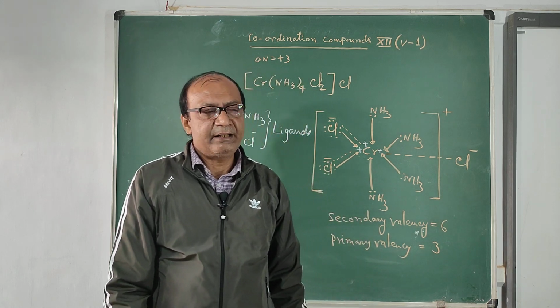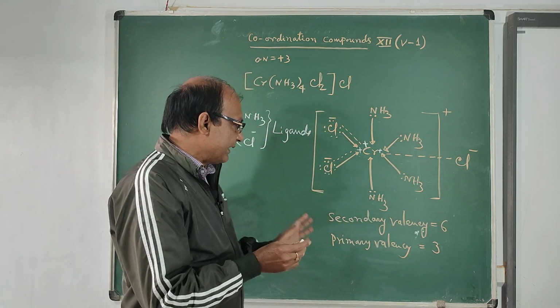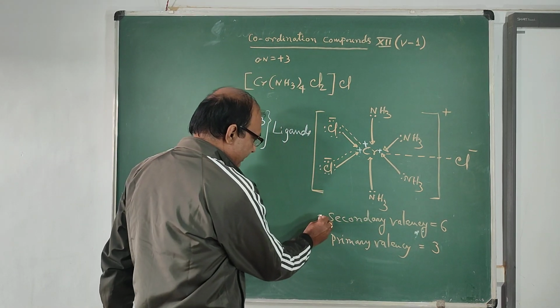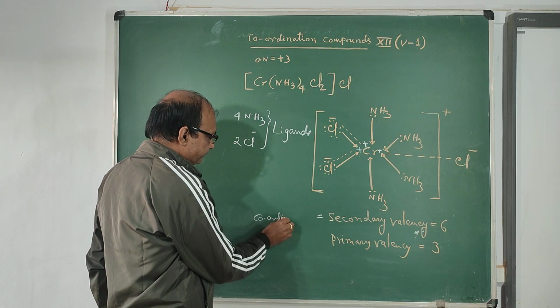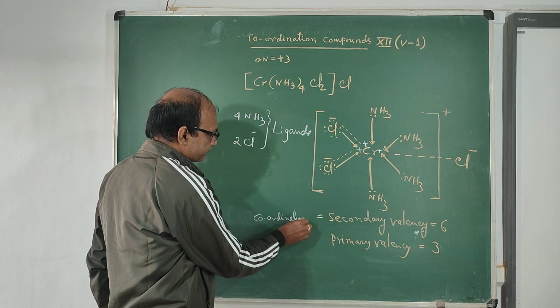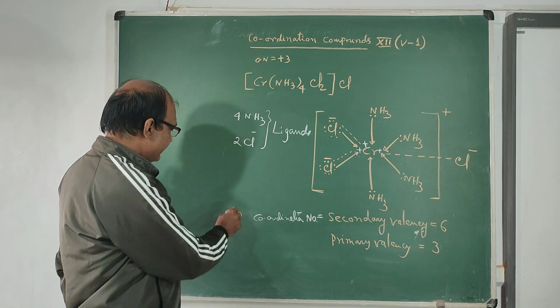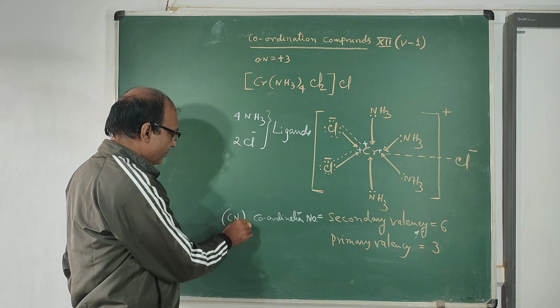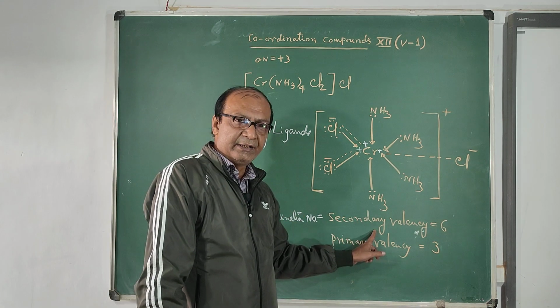Now if you summarize it, the secondary valency of the central metal is called coordination number, in short written as Cn. Coordination number equals secondary valency.